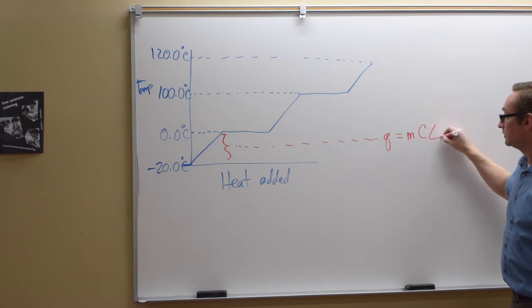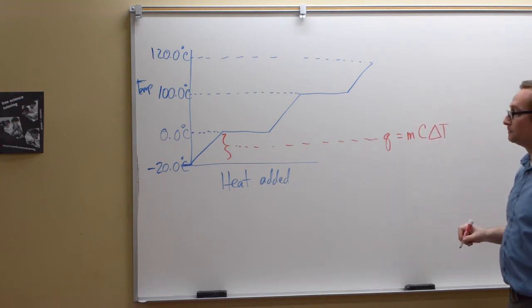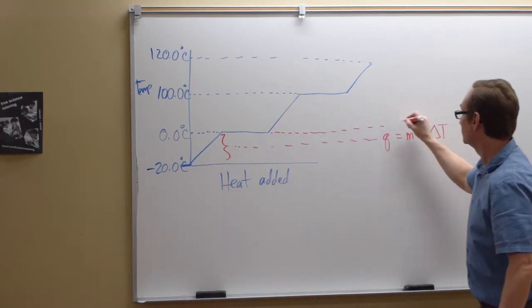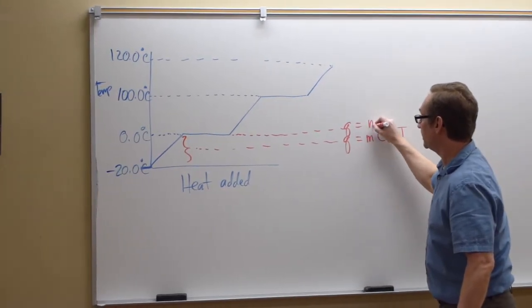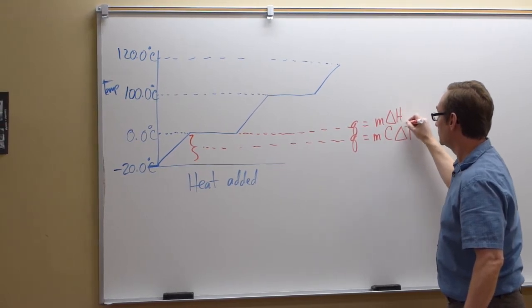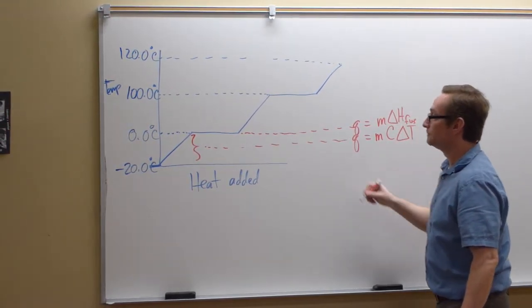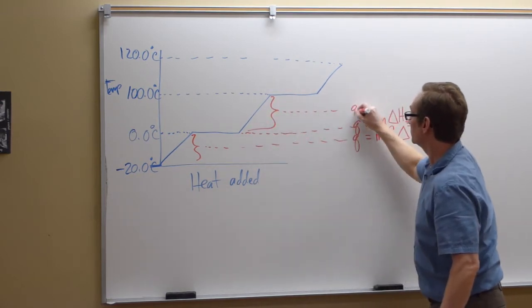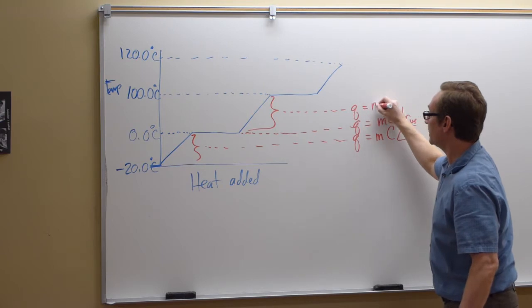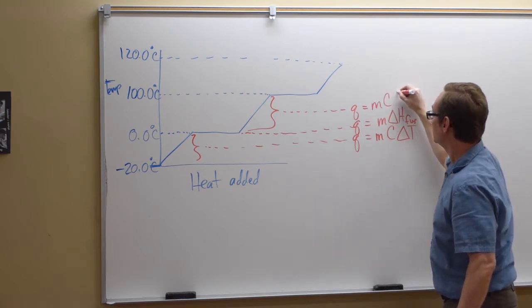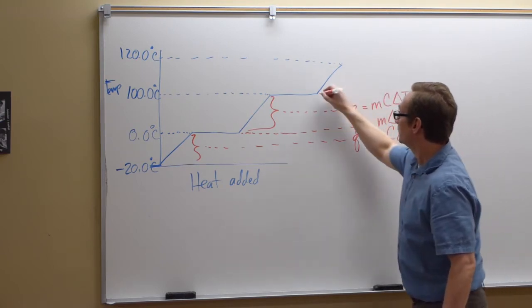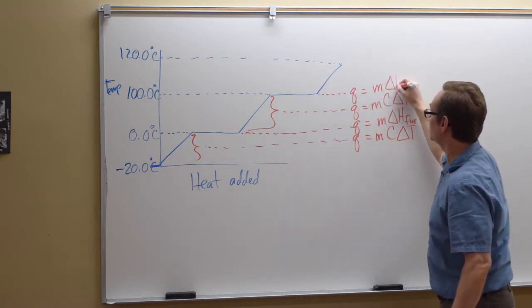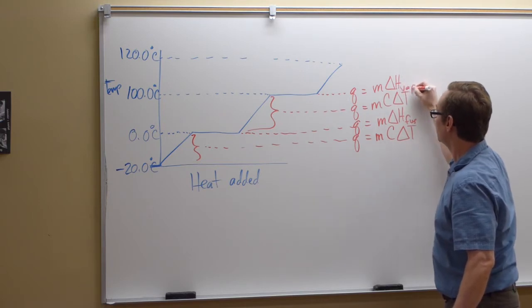MC delta T. Okay, for this part, Q is equal to M delta H fusion. For this part, Q is equal to MC delta T. For this phase change, Q is equal to M delta H vap, or vape.